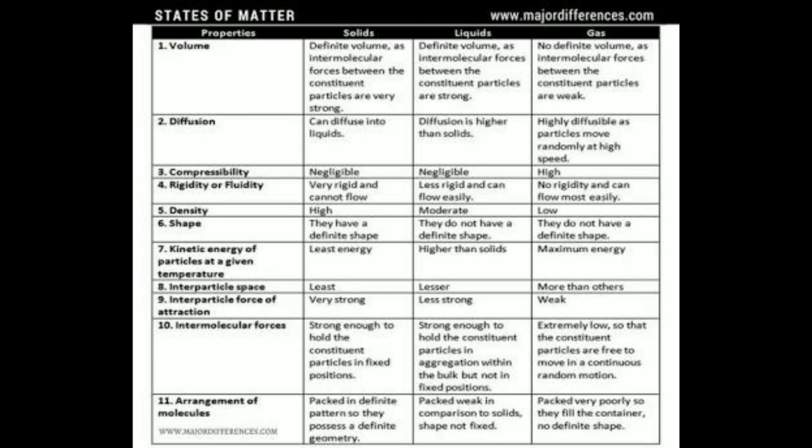We know that. Now the second property is diffusion. In solid state, solids can diffuse into liquids. We know that ice can be diffused into the liquid state, that is water.